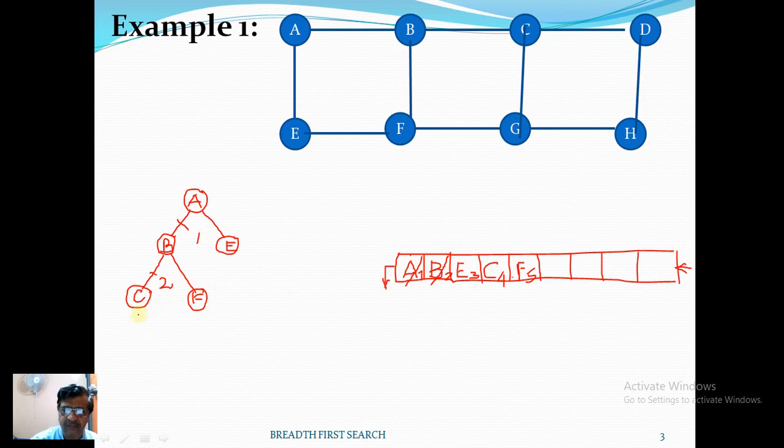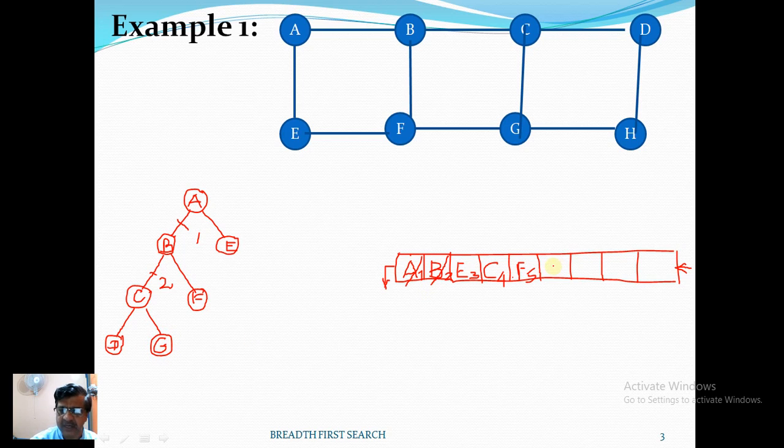Then the algorithm visits C. Sitting at C, the algorithm covers D as well as G, because they are directly connected to C. Now B is removed anyway.